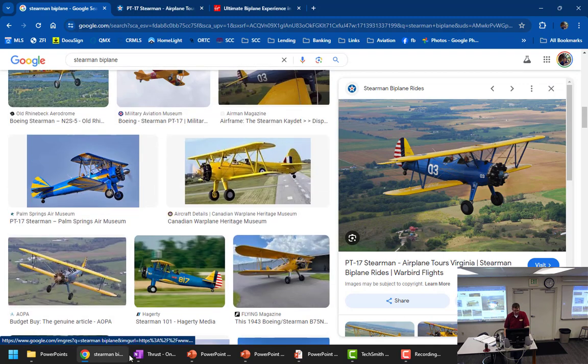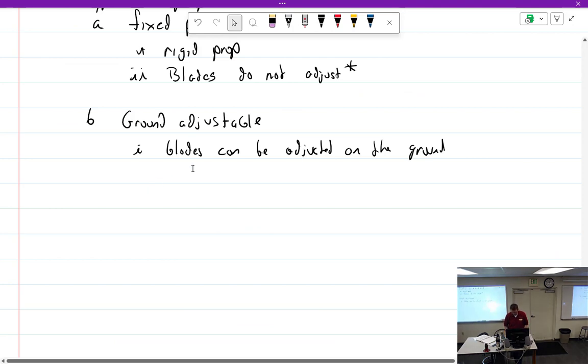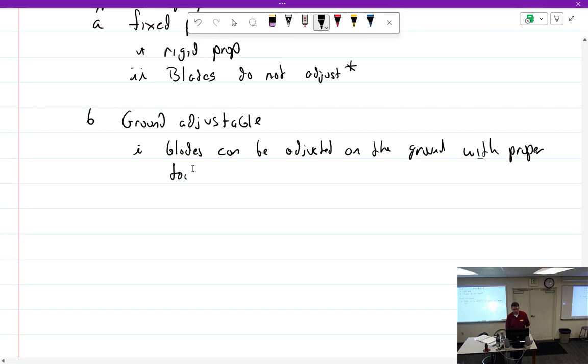All right. So blades can be adjusted on the ground with proper tools. We have the two-position prop.